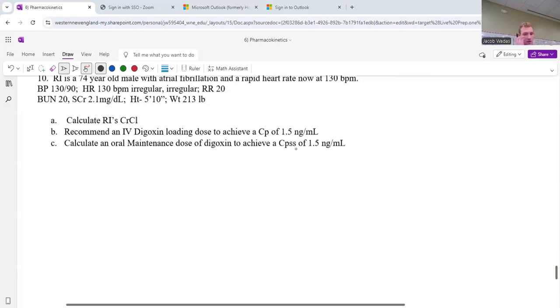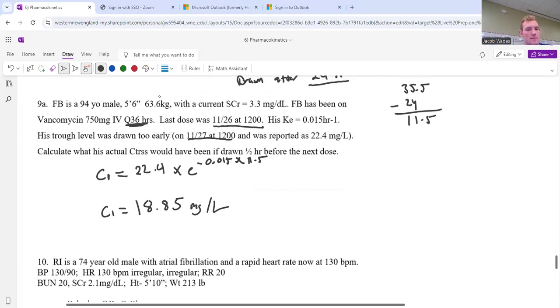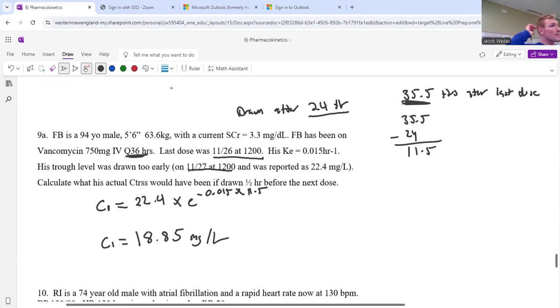I have a question about the question before. To make it simple, you just look at the time interval and then minus 0.5. That's when you're supposed to draw your trough, and then plug in the numbers.